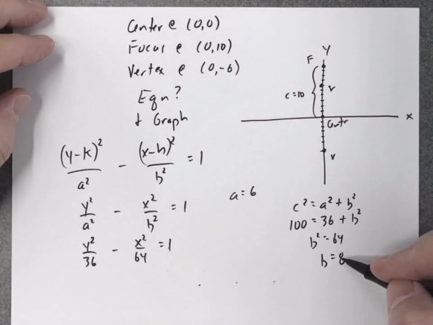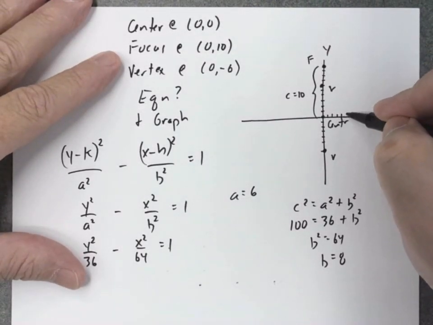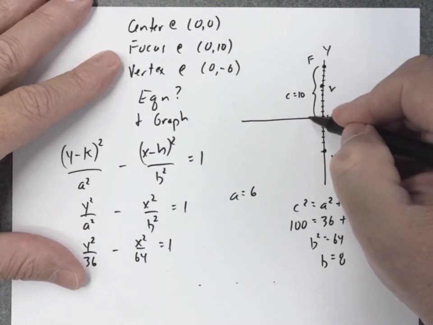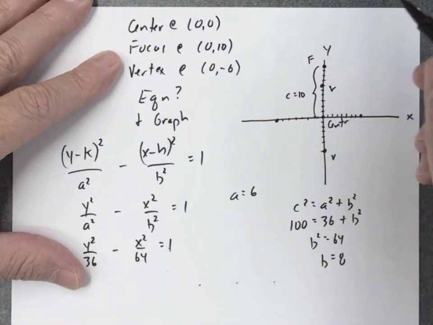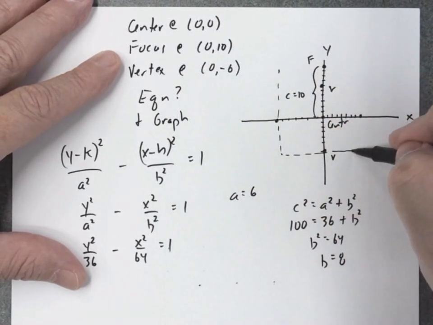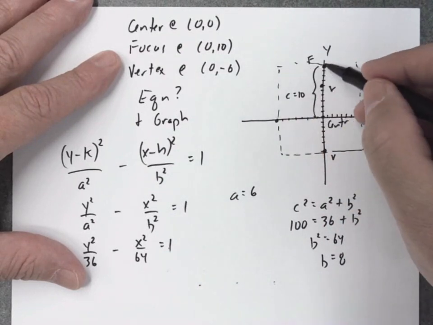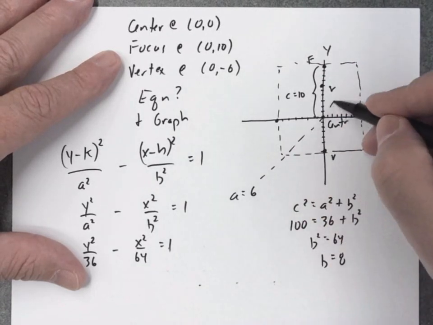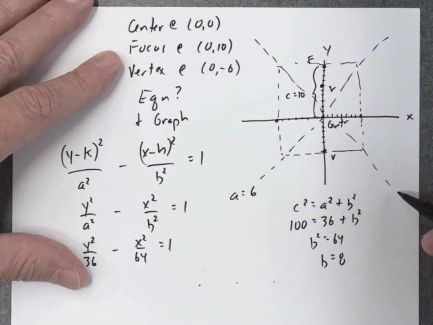Now they want us to sketch the graph. So now that I know b is 8, I can go right here, and then draw my box, my rectangle. And then draw my asymptotes as well as possible.